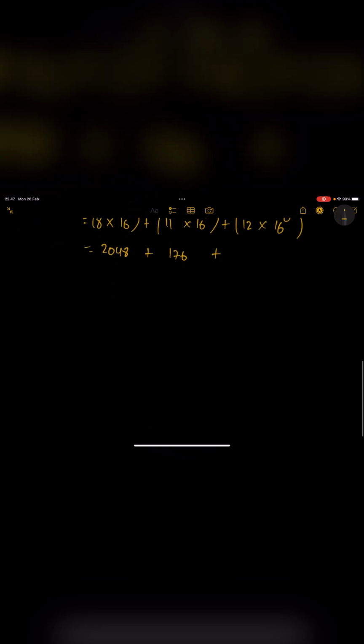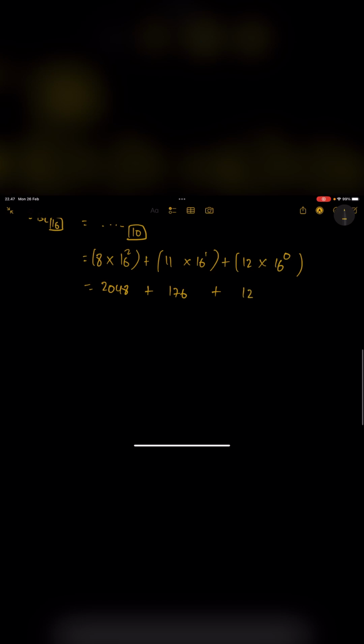Therefore, we'll get 8 times 16 to the power of 2, which is 2048, plus 11 times 16, which is 176, plus 12 times 16 to the power of 0, which is 12 times 1, and then we'll get 12. And then the final answer will be 2236 with the basis of 10. This will be our final answer.